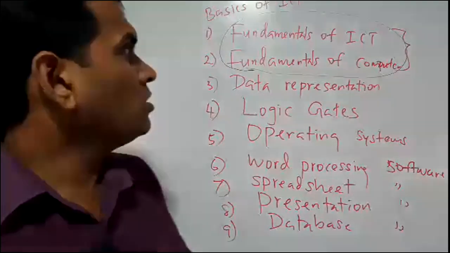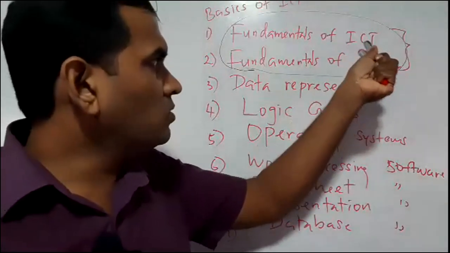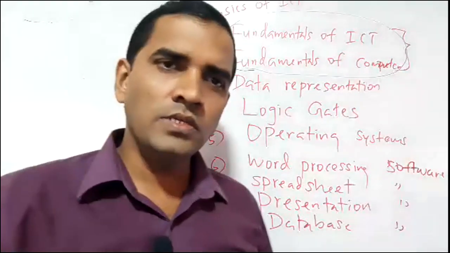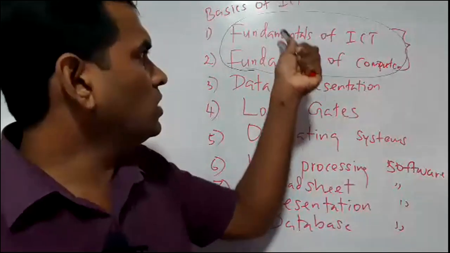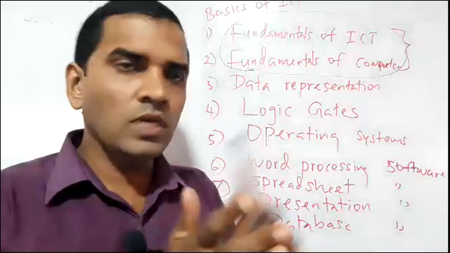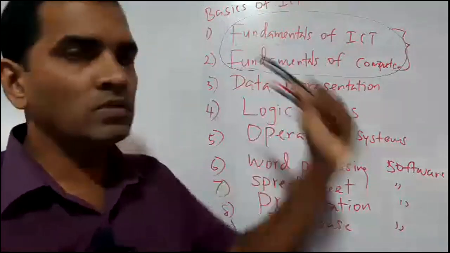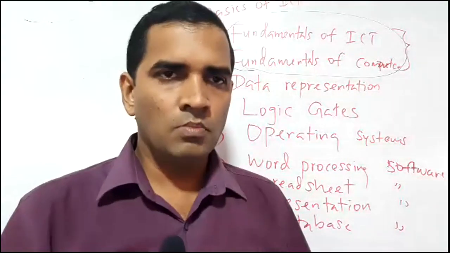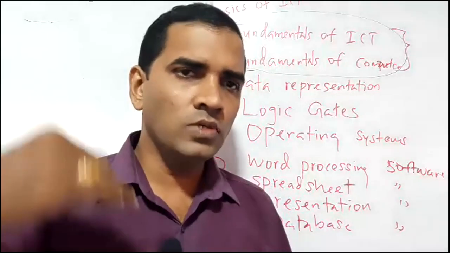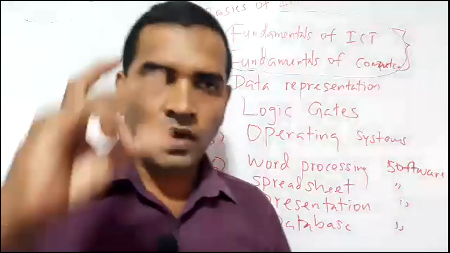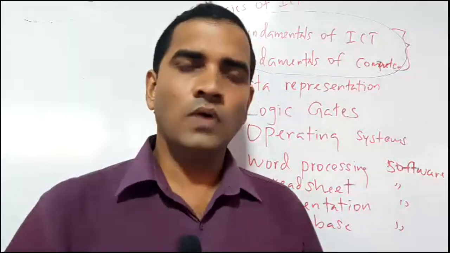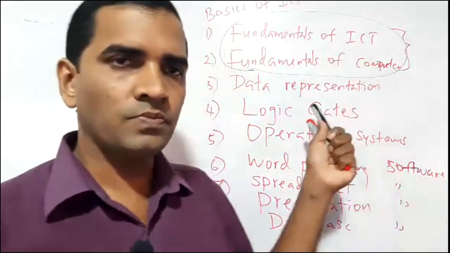Don't worry about these names. The word ICT includes the computer, so there is no issue. These 2 can be combined together and named as basics of ICT. But for your convenience, for your benefit, that one area is divided into 2.